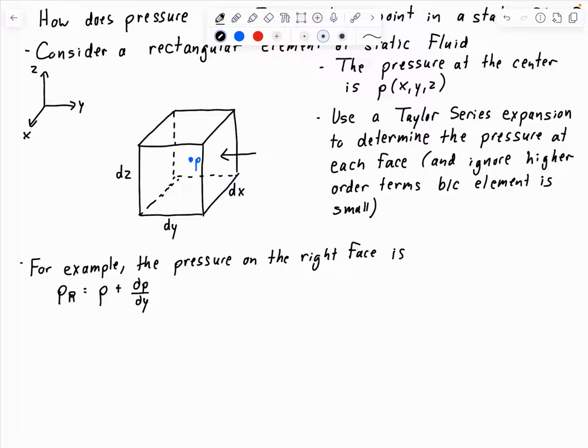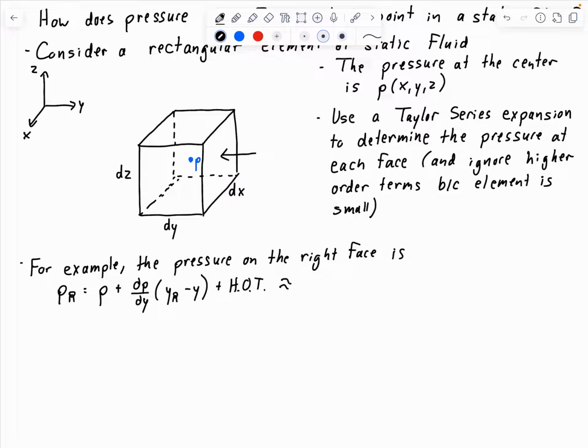As we go in the y direction to the right, pressure is changing in some way. So we say del P by del y multiplied by y sub r, the location of the right face, minus y, the location of the center of the cube, plus those higher order terms.